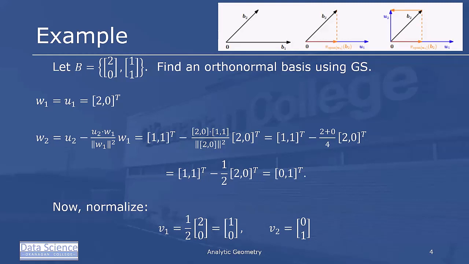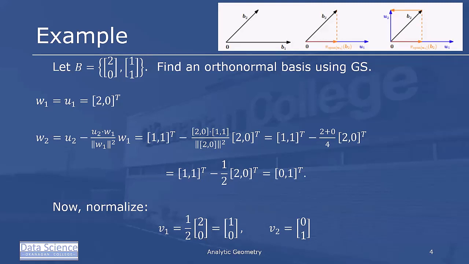The diagram shows what's going on. Vector w1 is that first basis vector b1. Our b2 is not orthogonal to b1. So what we do is we take w2 to be b2 minus its projection onto w1.